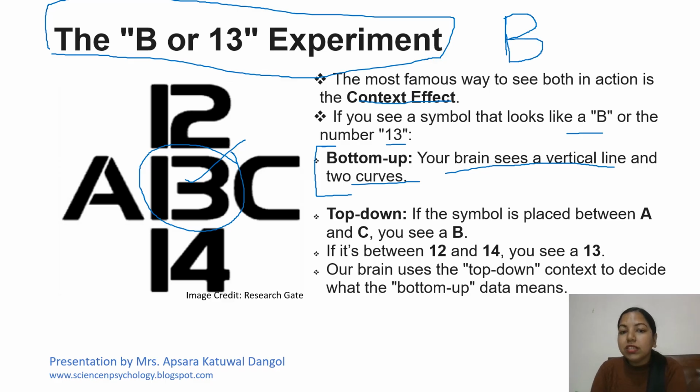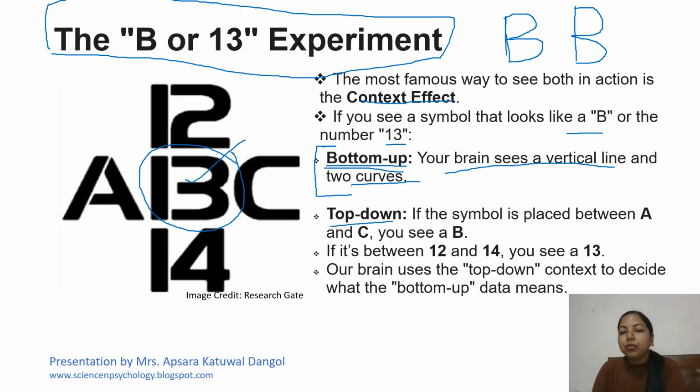So this is how we teach. This is the bottom-up process. Here that student sees one vertical line and then two curves. So this is how B is written. Now what happens in the process of bottom-up? Our brain sees a vertical line and two curves when we want to write B.